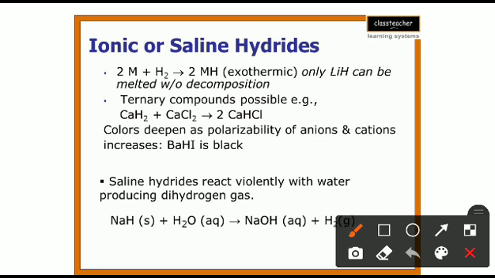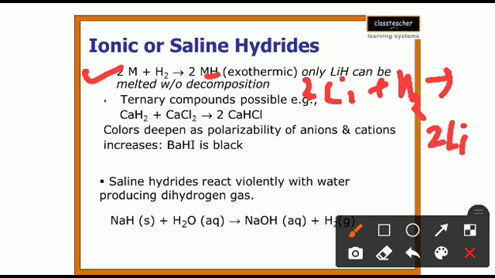Two metals reacted with hydrogen form 2MH. This is an exothermic reaction. For example, two lithium reacted with hydrogen forms 2LiH, which is lithium hydride.